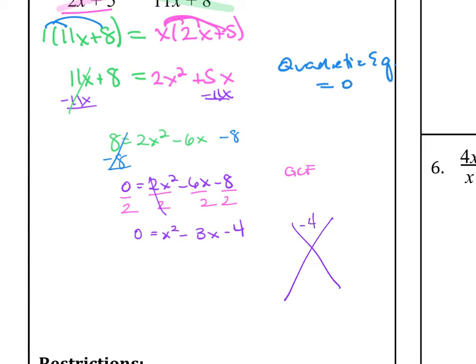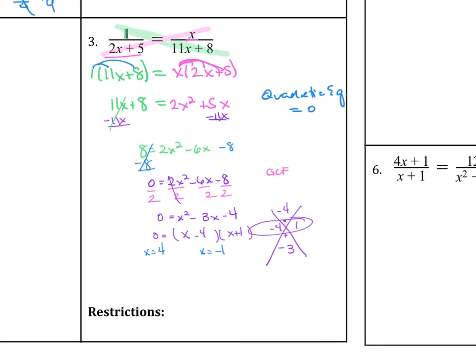It multiplies to negative 4 and adds to negative 3. If you still need to do the x method, you can still use that method to help you out. That is negative 4 times 1, which is negative 4, and negative 4 plus 1 is negative 3. These are the factors, so we find that it's x minus 4 and x plus 1. Then using the zero product property, x equals positive 4 and x equals negative 1.